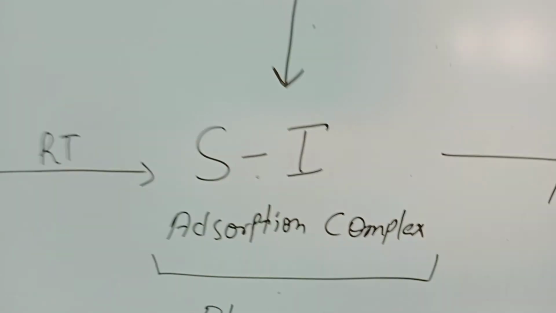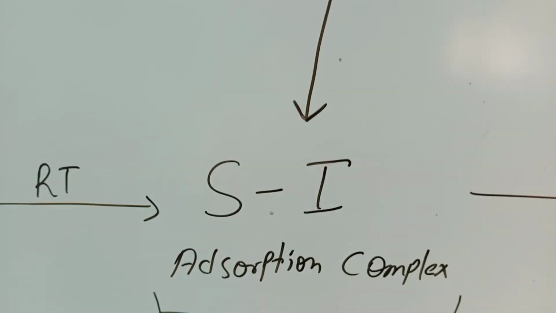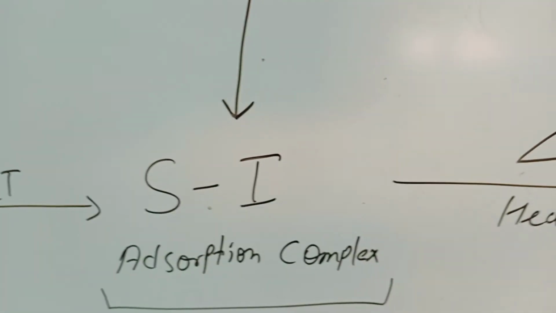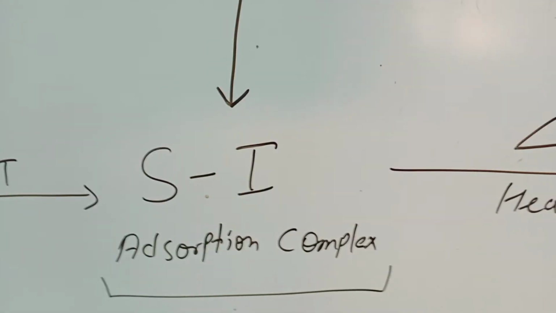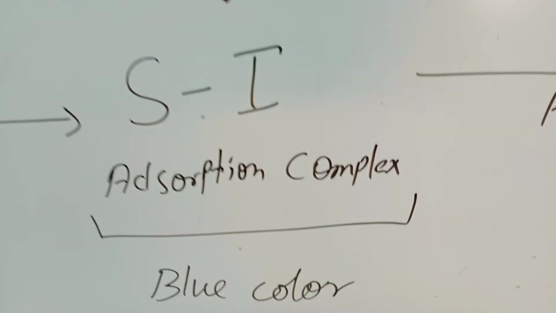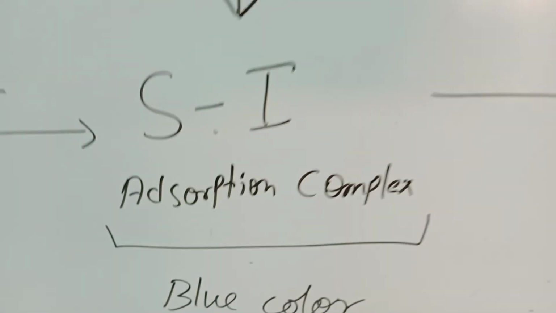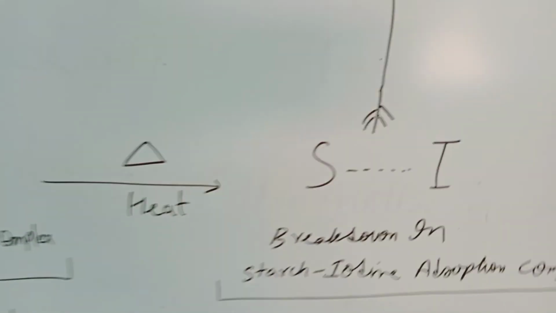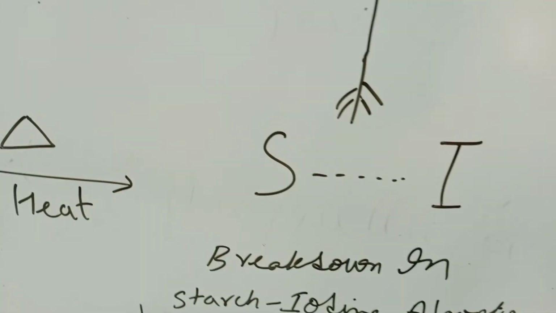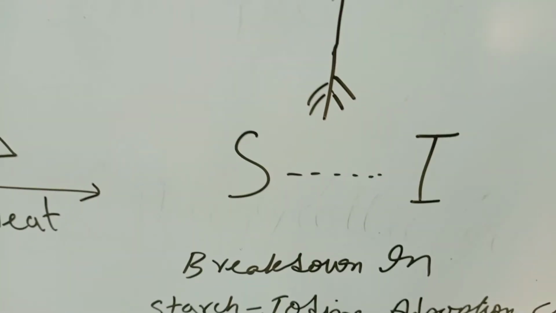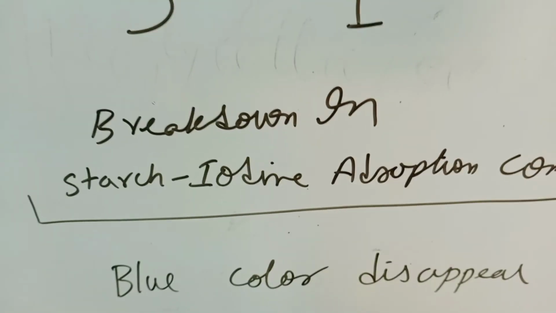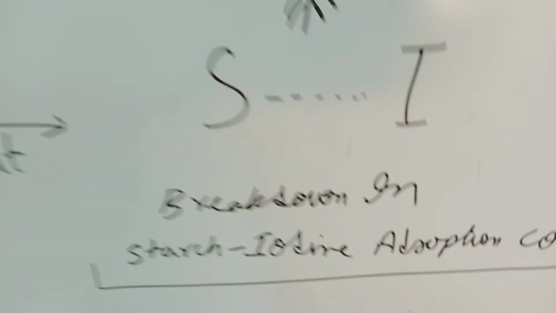So the reason behind the formation of blue color when iodine is added to starch is the formation of this particular adsorption complex, that is the starch iodine adsorption complex. Once it is formed, there is an appearance of blue color, and upon heating such an adsorption complex gets broken down, which causes the separation of starch and iodine, and hence the blue color which was initially formed disappears.